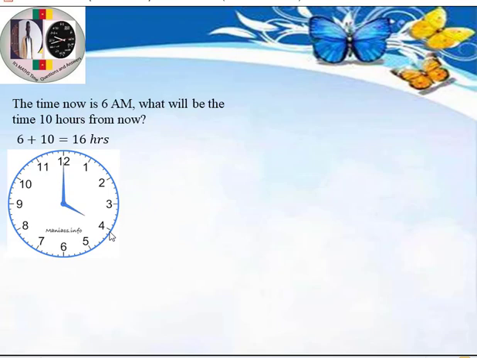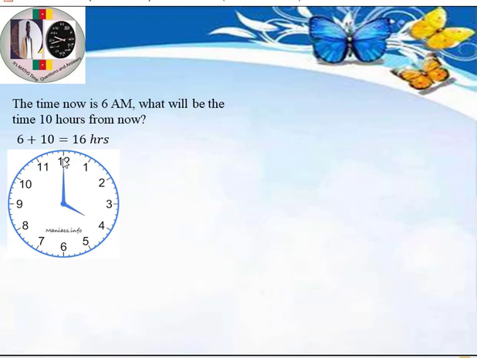If we take the 6 o'clock where we are now, plus the 10 hours from now, it will give us 16 o'clock. We are dealing with 16 o'clock, but our clock is circling around 12. So we say our clock is working in mode 12. So what are we actually looking for?